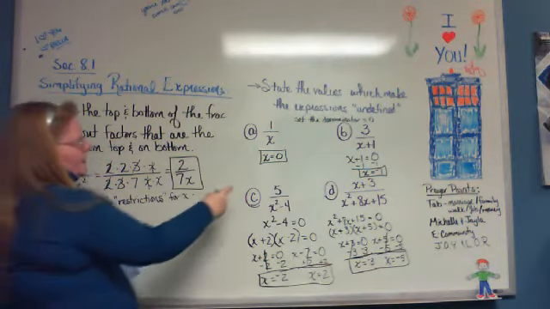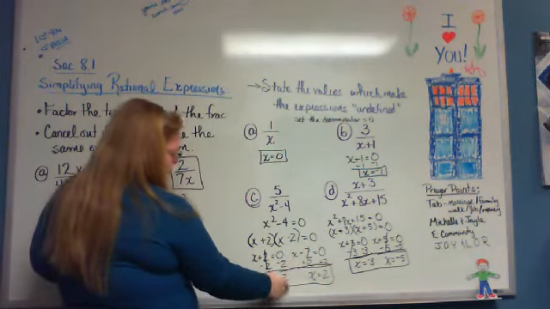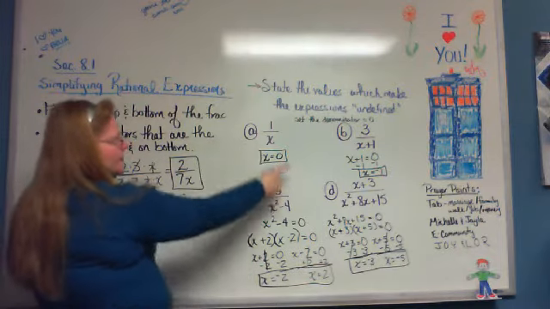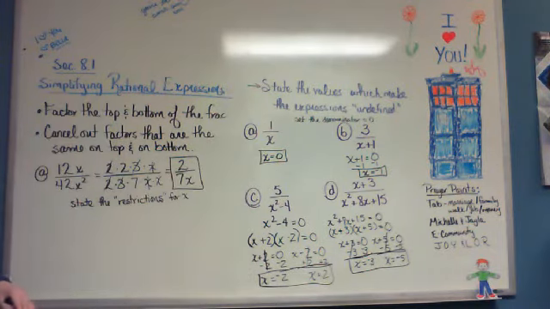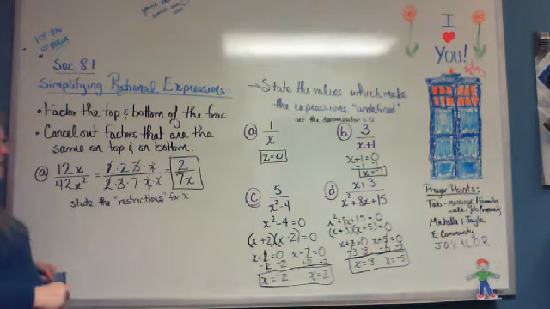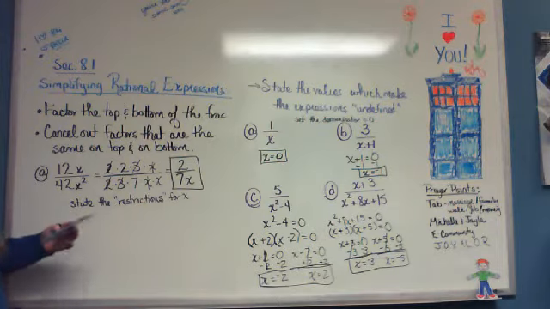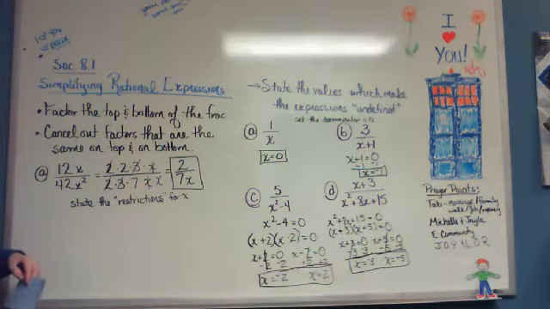I know over here we said x is equal to 0, x is equal to -2. Well, that's what it is that makes it undefined. That's finding what's undefined. Stating the restrictions is saying what x can't be, because if x were that, then it would be undefined. It's a different way of saying it, but it's basically doing the same thing. It's just how you write your answer is different.